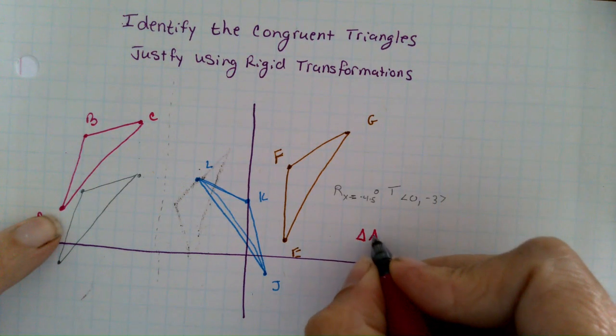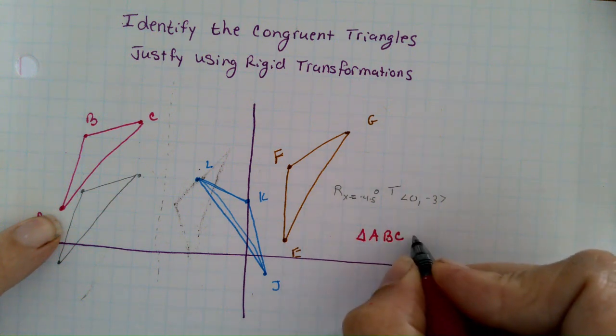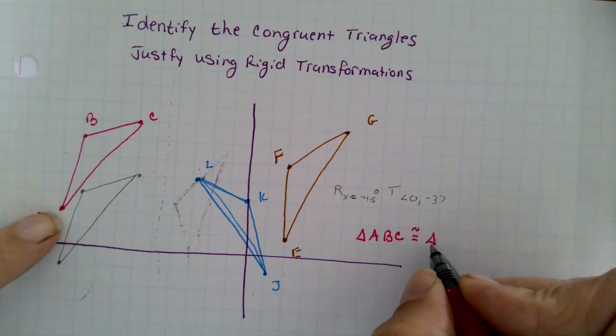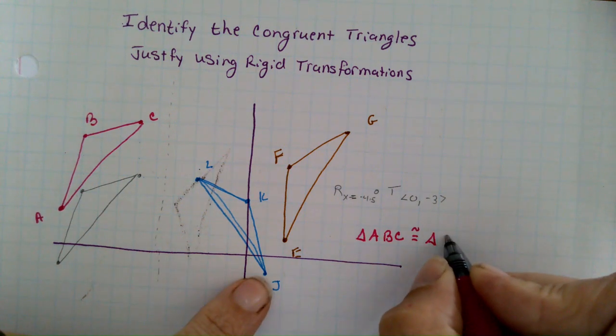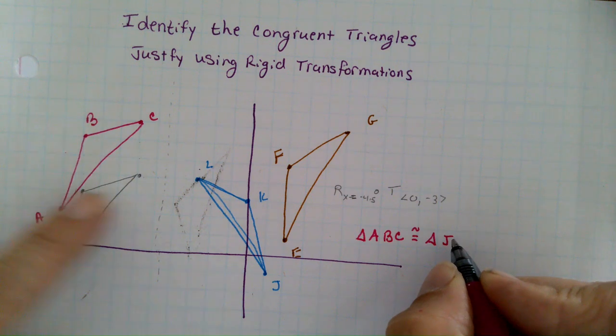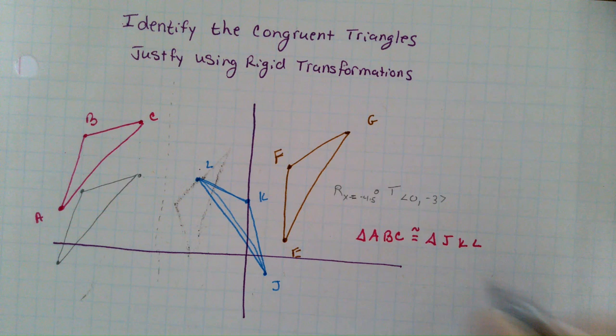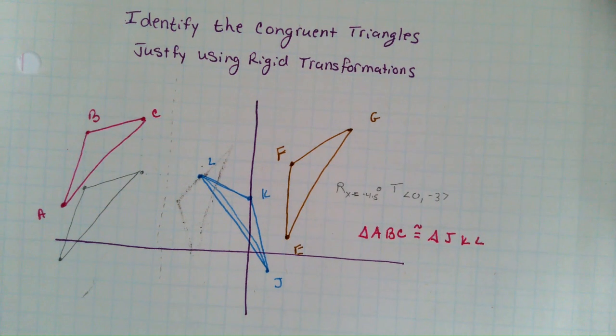Triangle ABC would be congruent to triangle, since I started with A, that reflected to J, B reflected to K, C reflected to L. So that order is going to be very, very important.